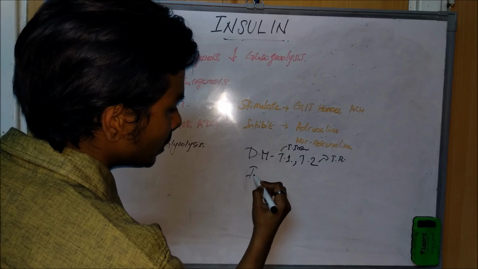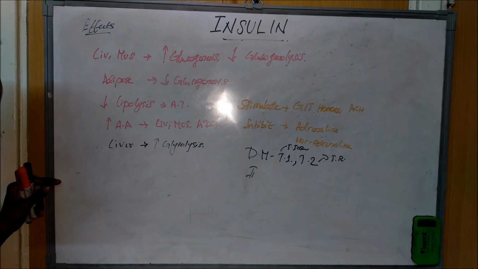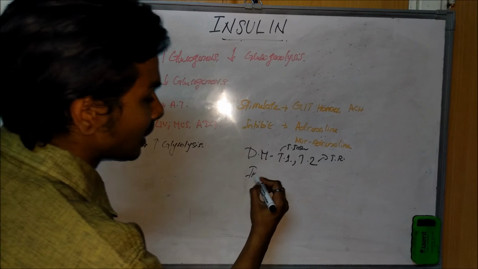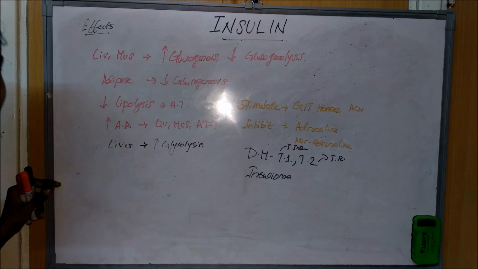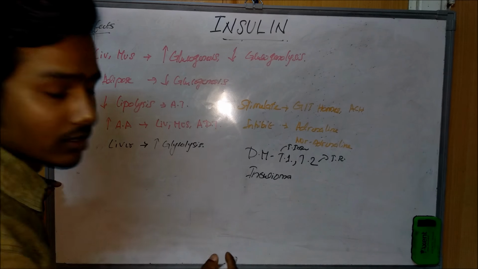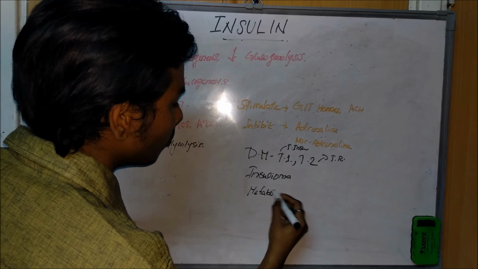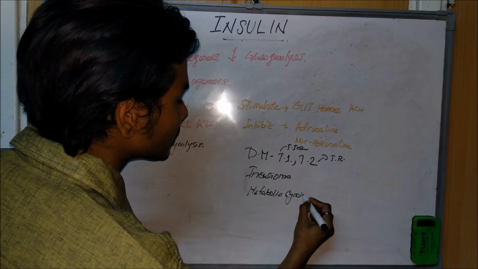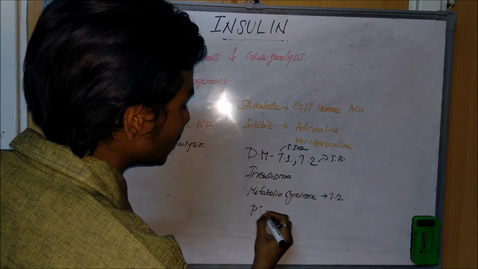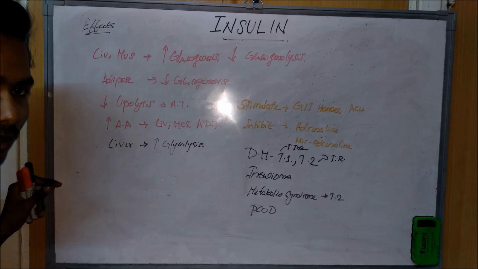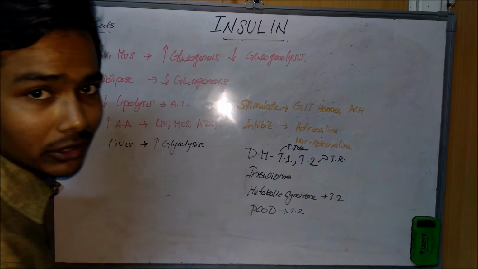Then we have other types of diabetes mellitus called gestational diabetes mellitus, and then we have insulinoma, which is a tumor in the beta cells in the pancreas, and then metabolic syndrome, which is later on converted into type 2 diabetes mellitus, and then PCOD in the female, polycystic ovarian disease or syndrome, which later on converts into type 2 diabetes mellitus.